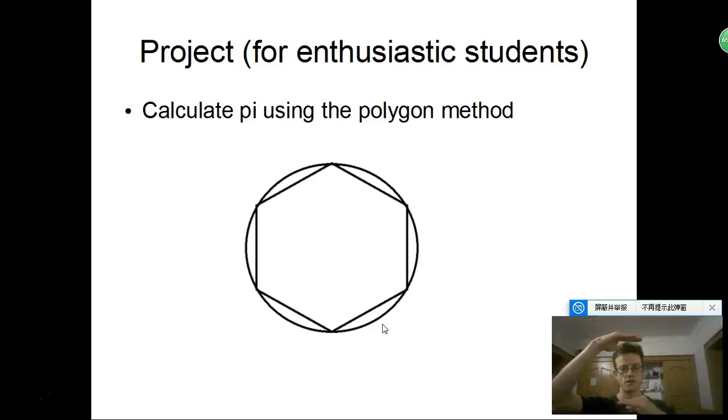So then by making the ceiling smaller and the floor bigger, you can narrow the window that pi must be in. This is a potential project that students can do if they're interested in math, or they just like circles, like me. Potentially for extra credit, or just for fun and extra investigation.